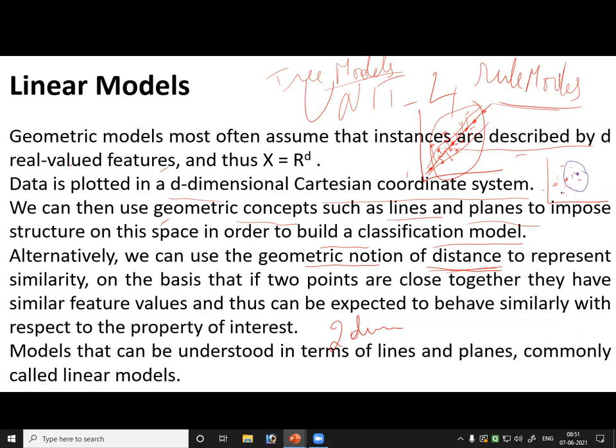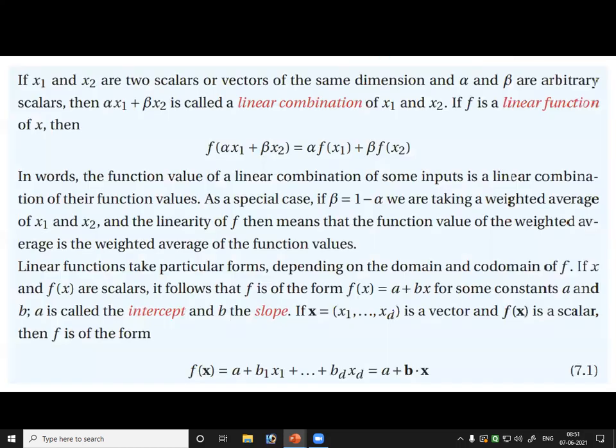In that way also, linear models can be used. Models that can be understood in terms of lines and planes are commonly called linear models.